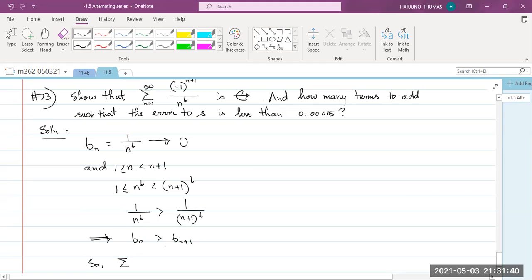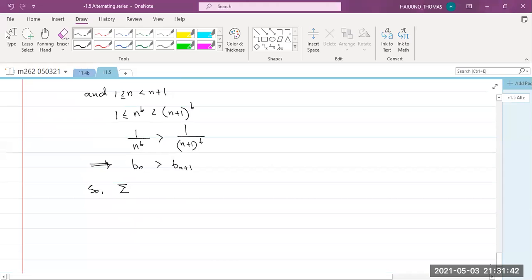So this series, by the alternating series test, is convergent.